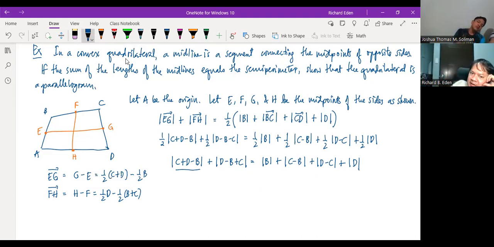Well, C plus D minus B, part of it is C minus B, which we see here, plus D. Oh, wait, hold on. Sorry. I copied something incorrect. This is B minus C.